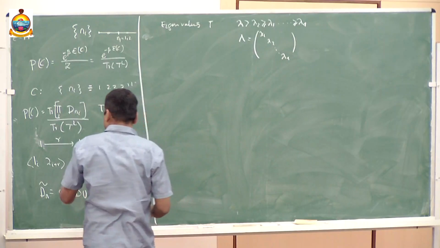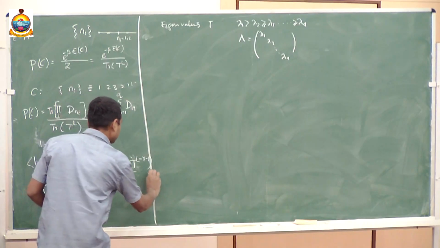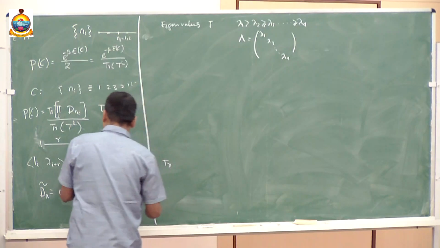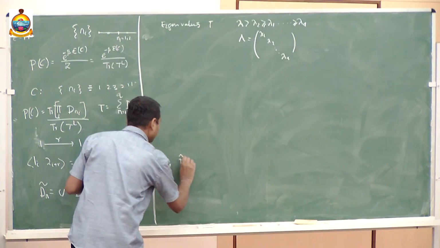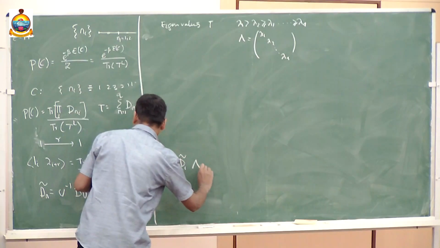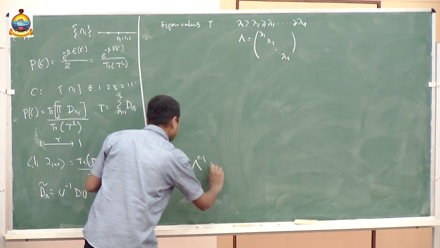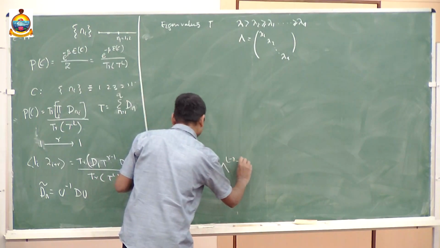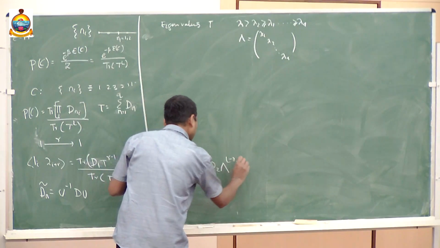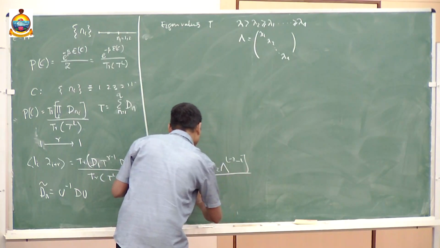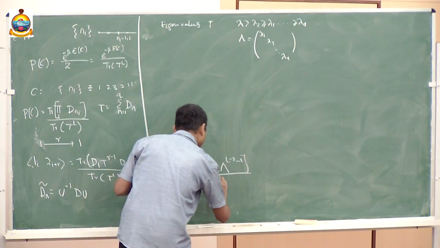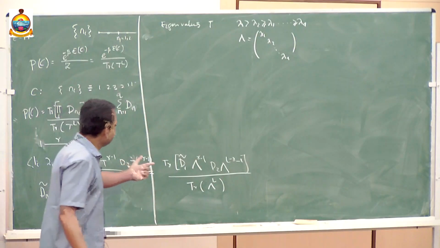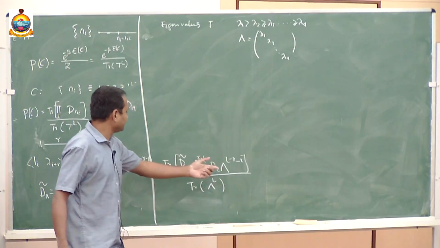So if this is your lambda, then this can also be written as the trace of d1 tilde, this is just lambda to the power r minus 1, just replace it, d2 lambda to the power l minus r minus 1, divided by the trace of lambda to the power l. Okay, so this is in a new basis. That's the matrix we write down.